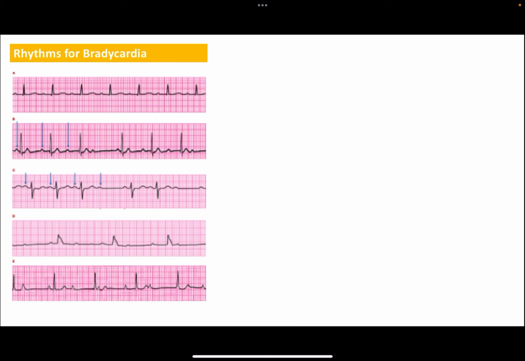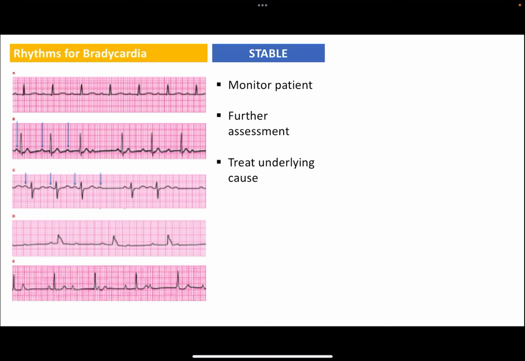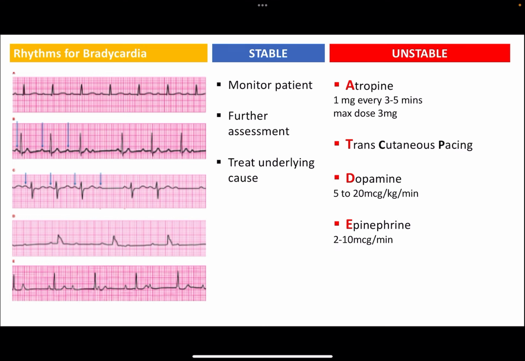So these are the rhythms that you need to memorize or at least learn for the bradyarrhythmias. If the patient is stable, monitor the patient, do nothing. If you need to do further assessment, then proceed and treat the underlying cause if needed. If the patient is unstable, you consider giving atropine 1 milligram every 3 to 5 minutes, max dose of 3 milligrams.